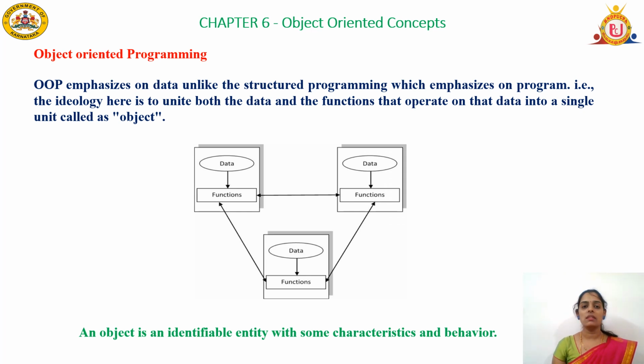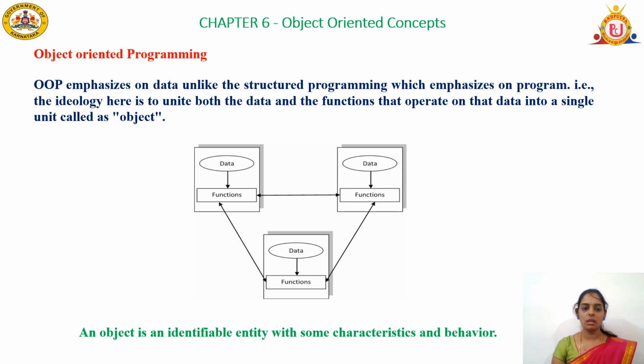As you can see in the diagram, each class comprises the data as well as the functions. Together they form one class, and the objects communicate with each other with respect to the class.